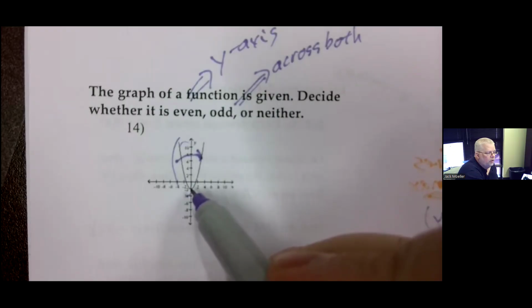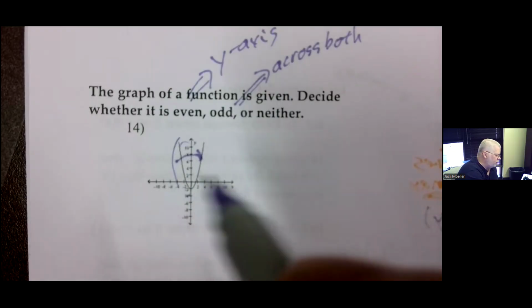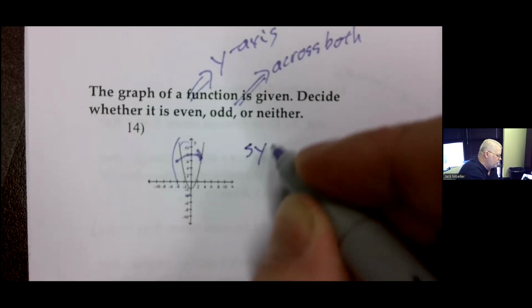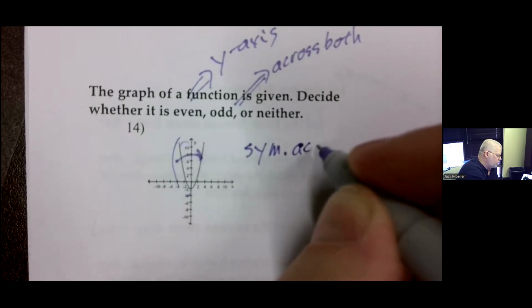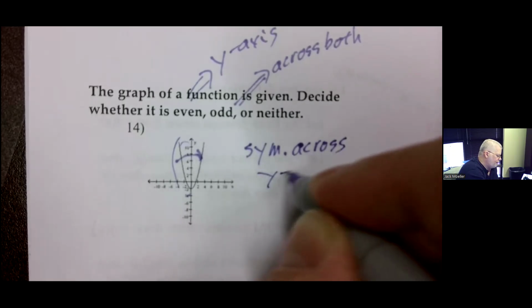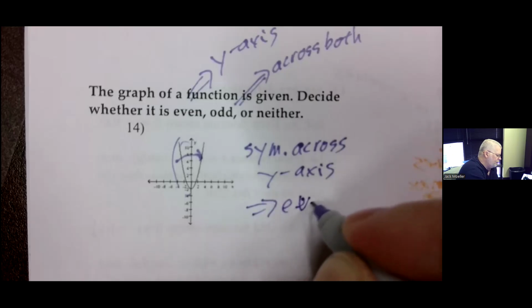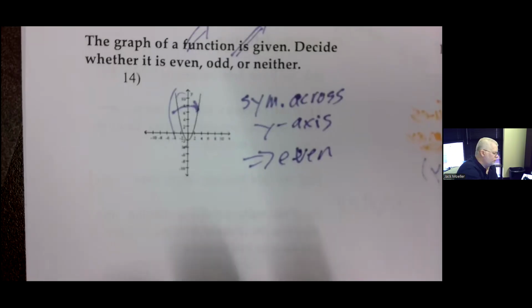That's important. So when we fold it over, this is symmetric across the y-axis. So that tells us it is even. If you just fold it across the y-axis and you get the same piece, it's even.